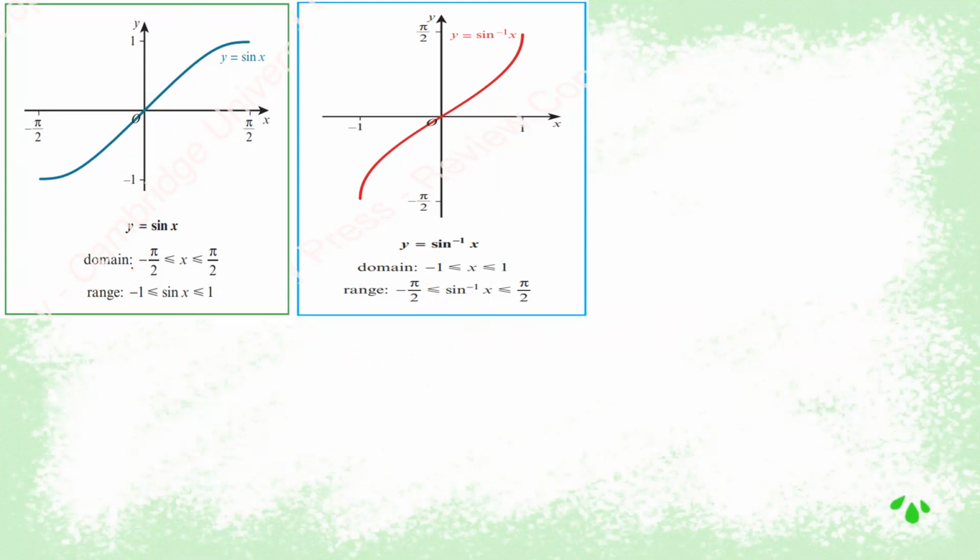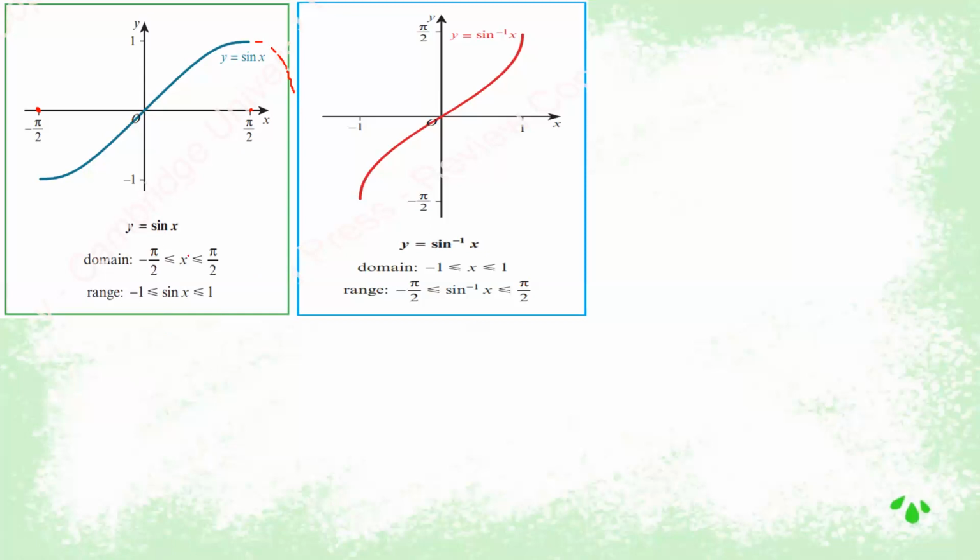Otherwise, it is a many-one function, and for a many-one function there is no inverse. So they restrict the sine function from minus pi over 2 to pi over 2. If you move next, it would be U shape, and if it is U shape, it is a many-one function, so the inverse function does not exist.